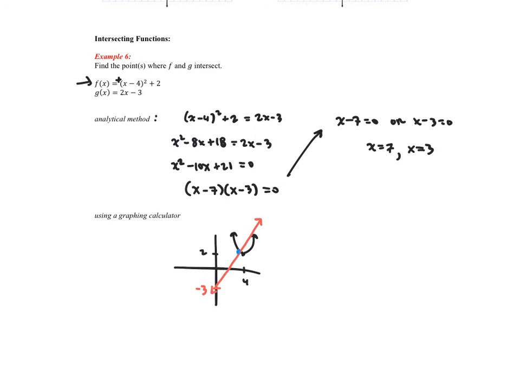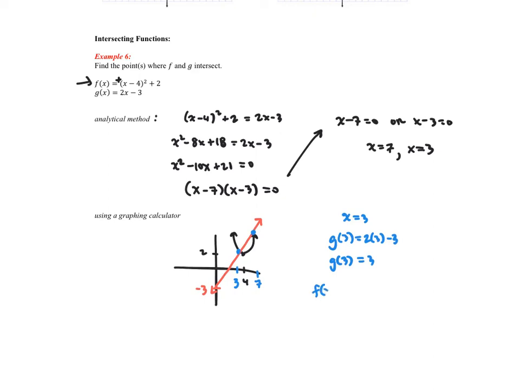Now, where do they intersect? They intersect at those following 2 points. This one would be at x equals 3, and not well sketched, but that would be at x equals 7. Now, if it's asking us for the actual coordinates, I could find the actual coordinates. So if x equals 3, I could plug it into either of the two, since it's where they intersect. So g of 3 is equal to 2 times 3 minus 3, which would be 3.